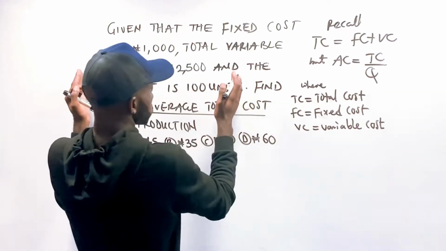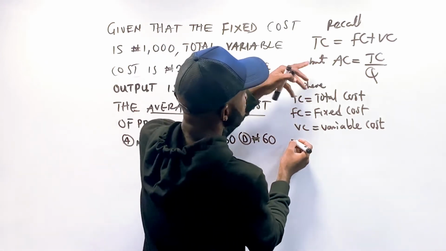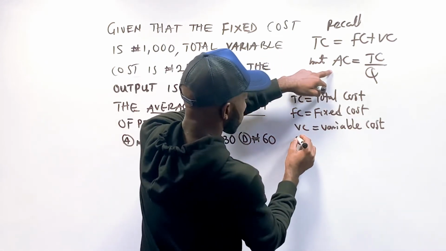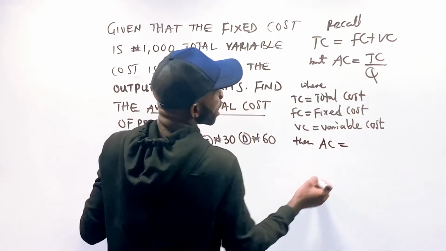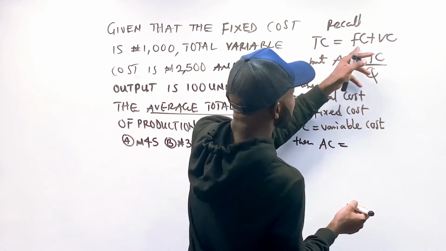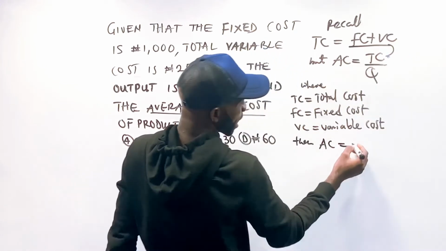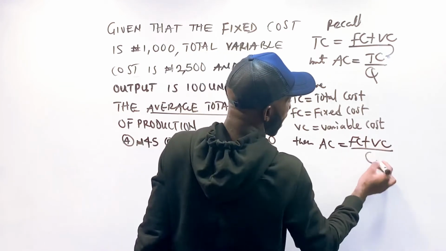From the values we have in the question, we can reproduce this formula and then have average cost equal to, instead of putting total cost, we replace it with this. You understand? So we have fixed cost plus variable cost over quantity.